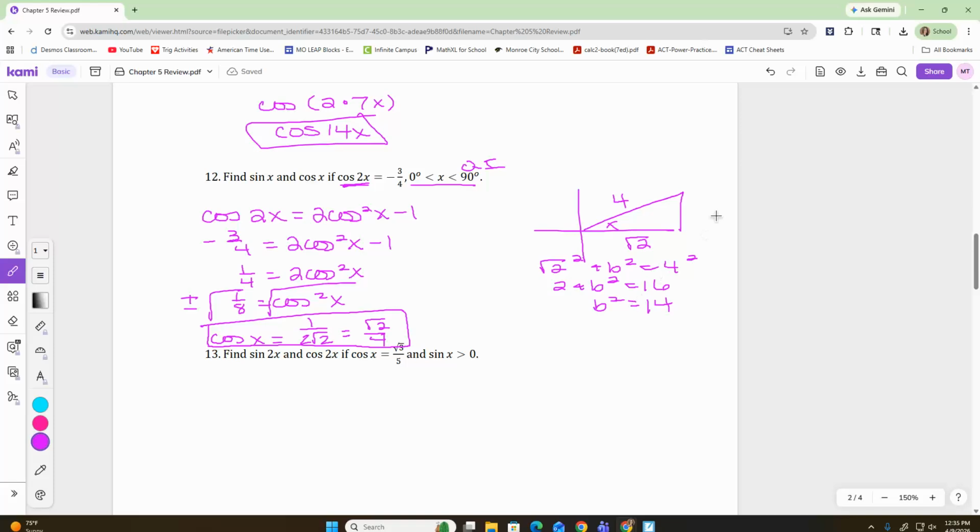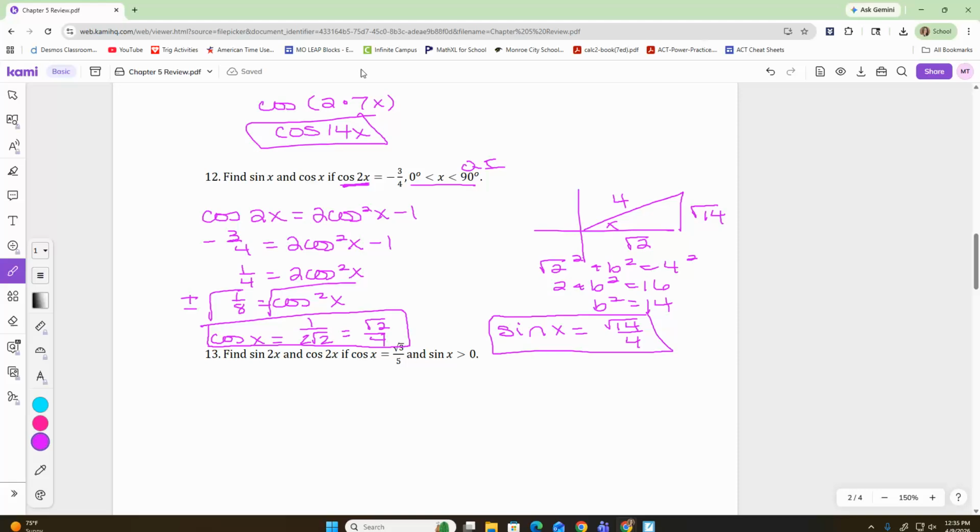So the side turns out to be the square root of 14. So sine, opposite over hypotenuse, radical 14 over 4. Okay, I couldn't set up the triangle at the beginning because the information I had was for 2x. I had to get a ratio for angle x before I was able to simplify it. Does that make sense?